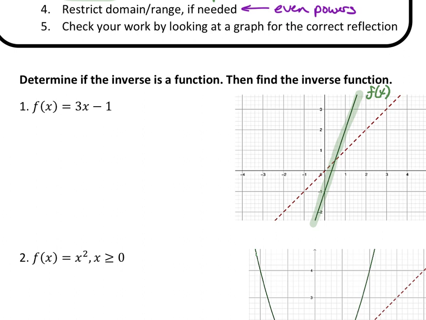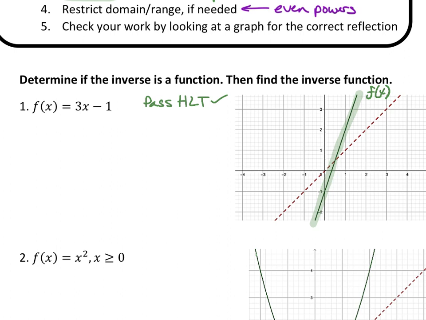So the way you do this is you take your pencil, you put it horizontal, you move it up and down the graph, and if it never crosses f of x more than once at a time, then it passes. It passes. Okay, good. So if it passes the HLT, then we're good to go. We don't have to do anything weird.